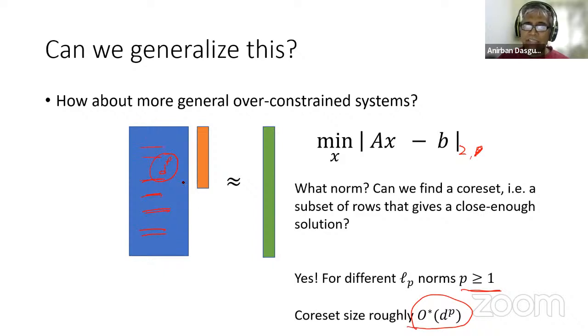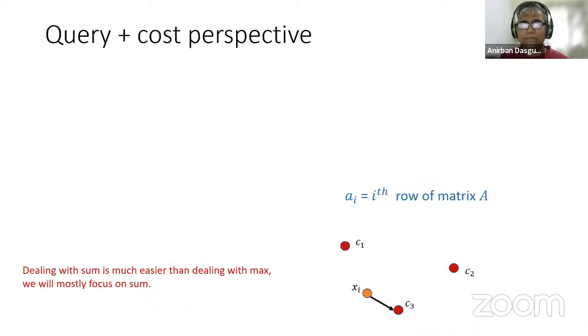By that, I mean that if you solve this d^p cross d system, you are guaranteed that the resulting solution will be very close to the solution that you would find by solving on the full data. I will describe this in a little more detail later. In fact, we will augment on this.